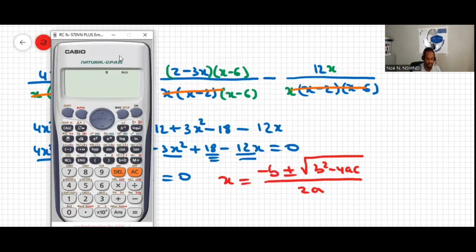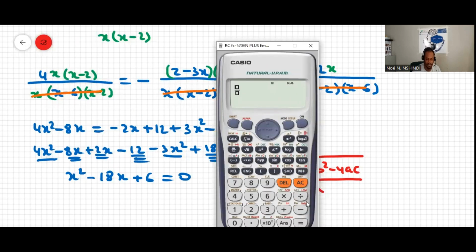It will be a fraction: minus b is negative 18, plus the square root of b squared, so negative 18 to the power of 2, minus 4a, and then c, which is 6, all over 2a, which is 2. And then we equal there is 9 plus 5 root 3.